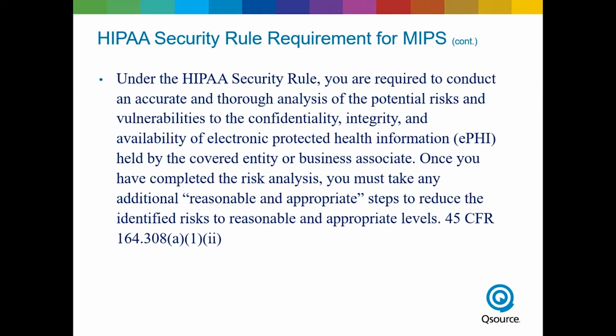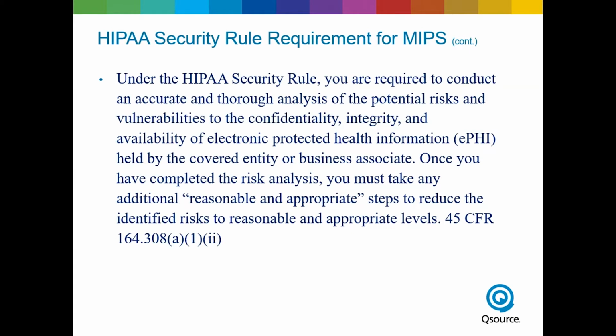Anywhere that you might have EPHI, which is the electronic protected health information, you want to go through an analysis, look at the potential risks, any vulnerabilities, and even looking at not only equipment, but your business associates, so on and so forth. And then you want to take reasonable and appropriate steps to reduce the risks. We know that you're never going to be able to address every risk.